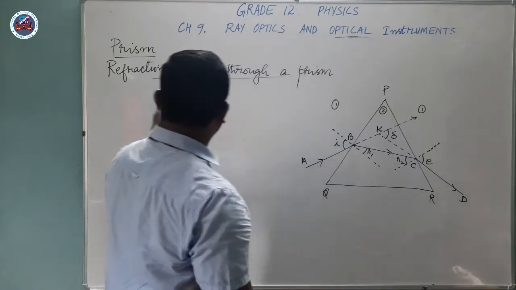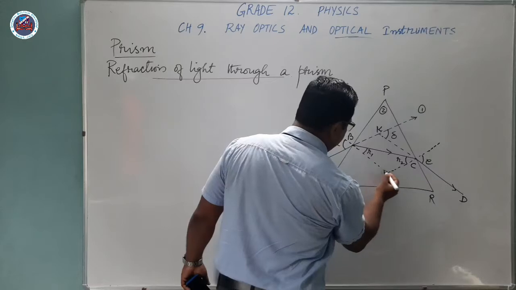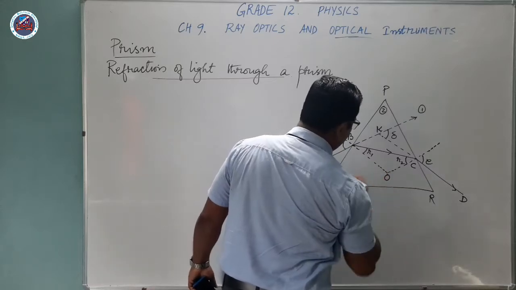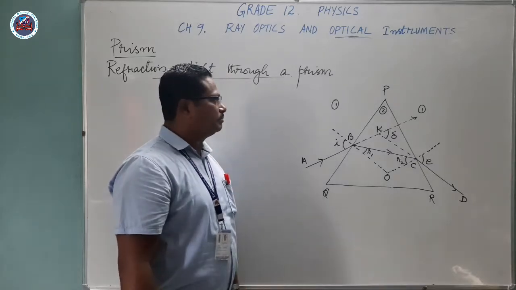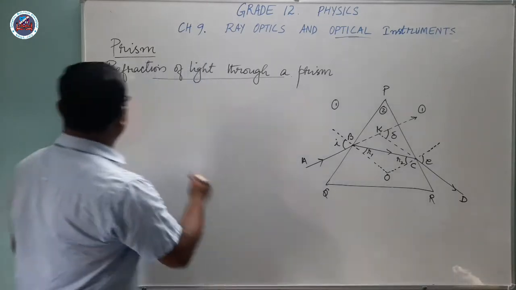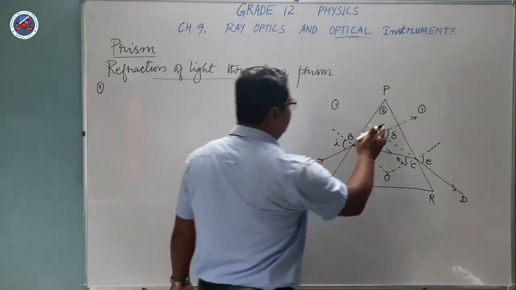Now in this refraction of light through a prism, there are certain relations that you can derive. There are three derivations that you have to know here. The first derivation is that you should be able to prove the angle of the prism.